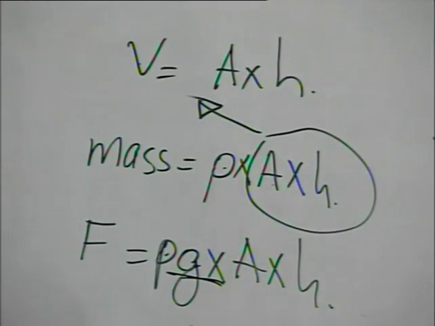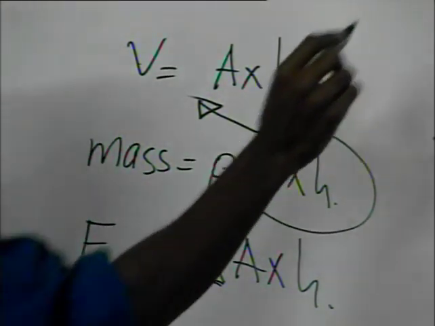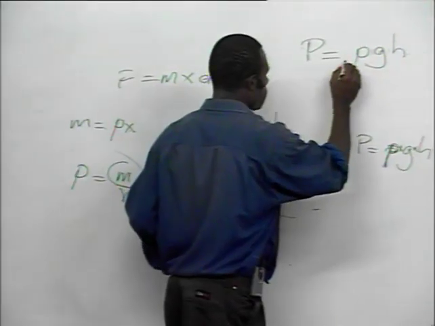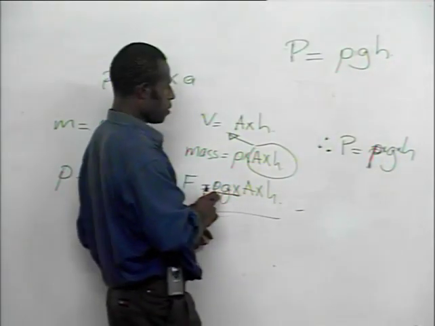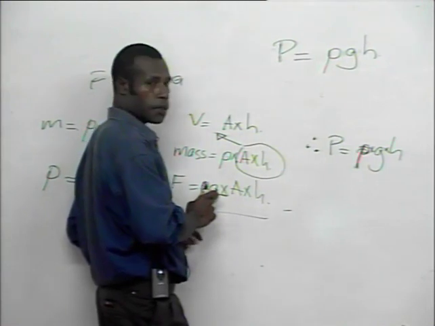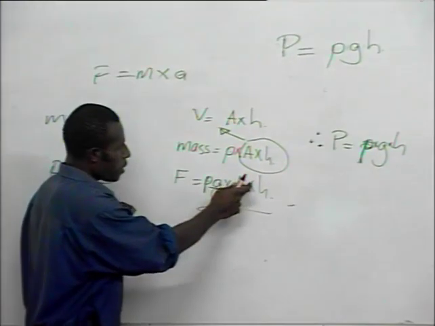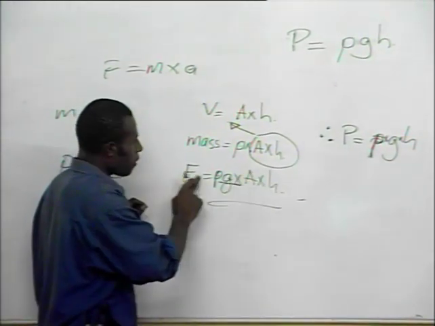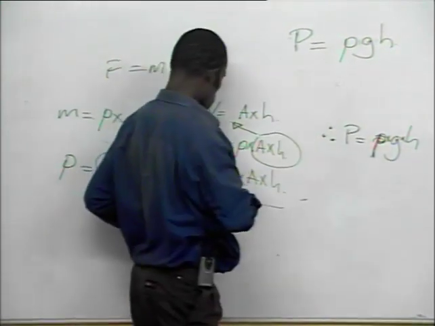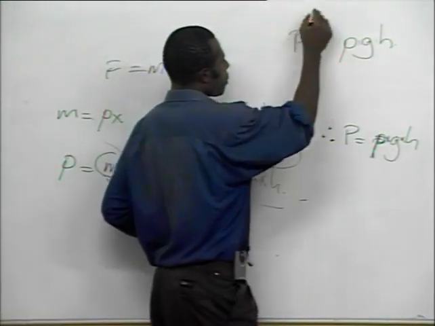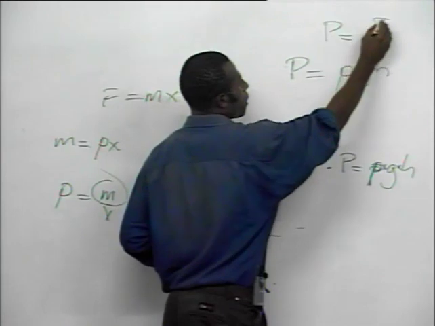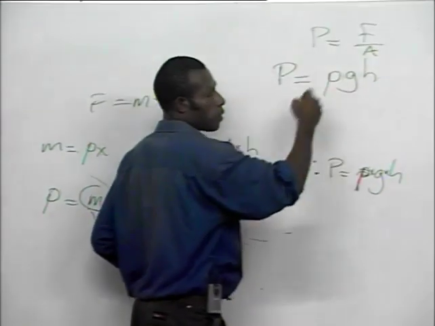And then when you want to find the pressure, the force is density times acceleration times area times height. But this time, pressure equals force over area.